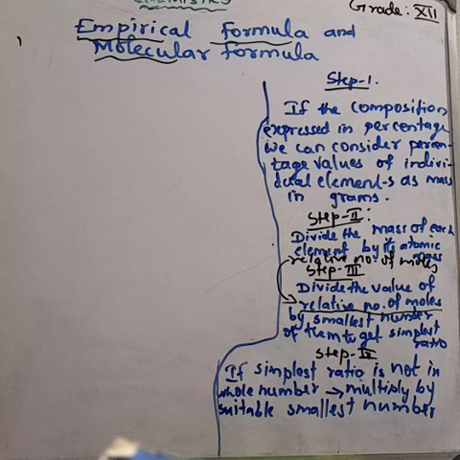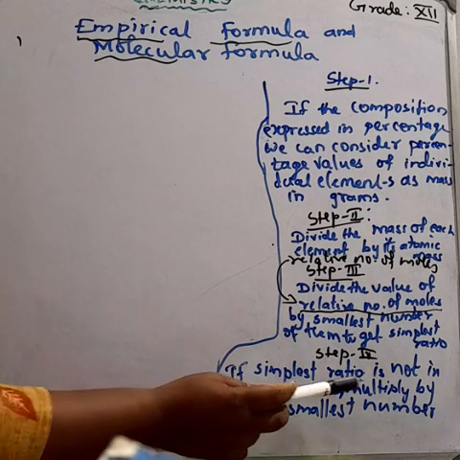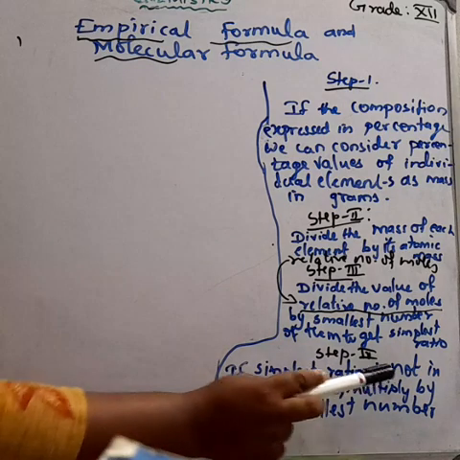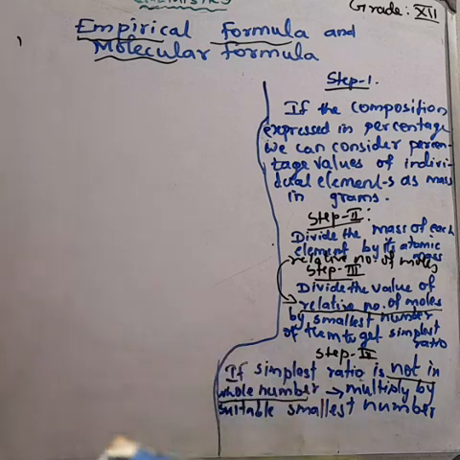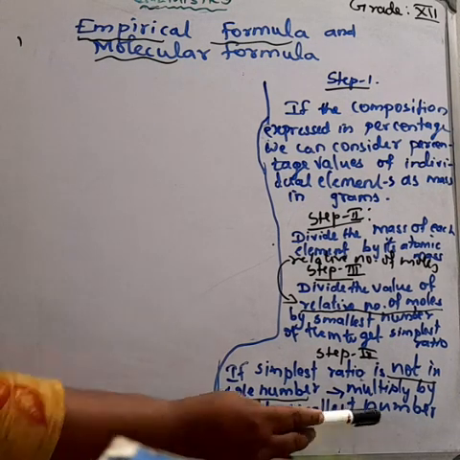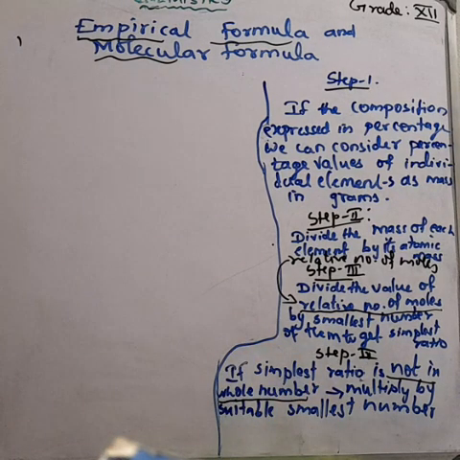What is step 4? In case the simplest ratio obtained in step 3 is not in whole numbers, then they may be converted into whole numbers by multiplying by a suitable smallest number, the number which gives whole numbers.